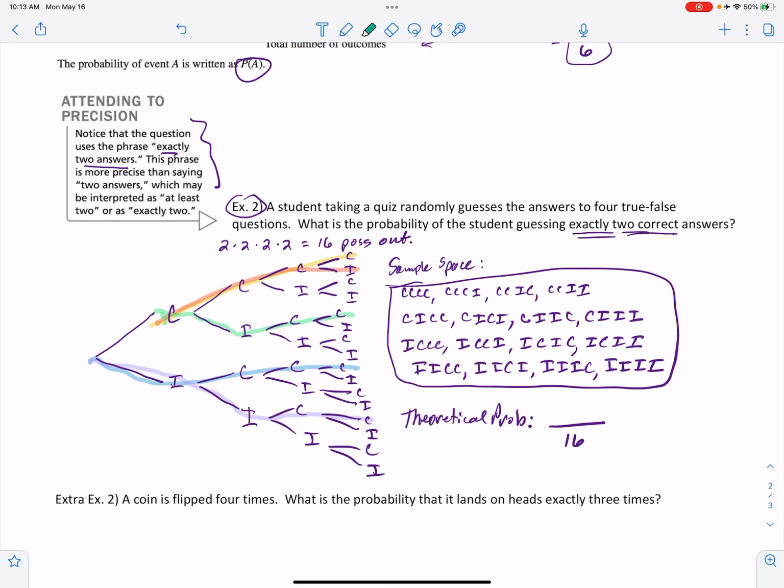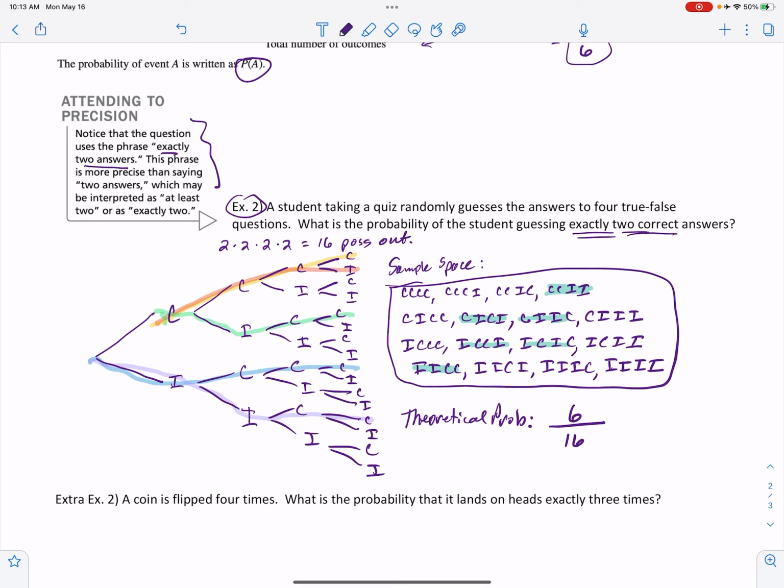So if I go through here, exactly 2, there's one. There's another. There's another. Here's one. Here's one. Here's one. And then you want to kind of double check to see if we've missed anything. But it looks like there are 6.